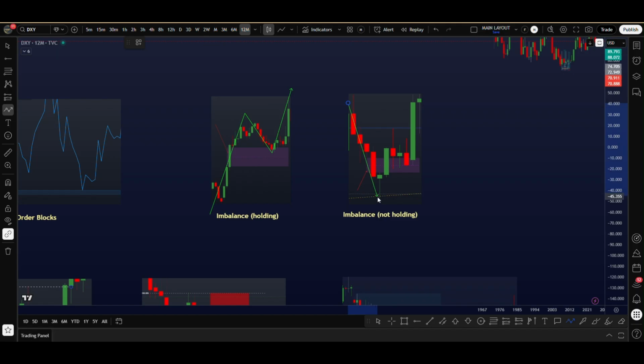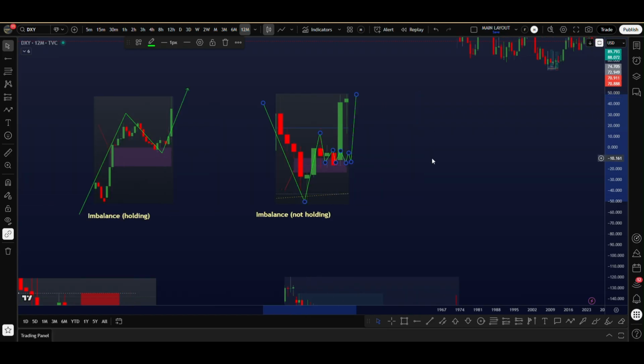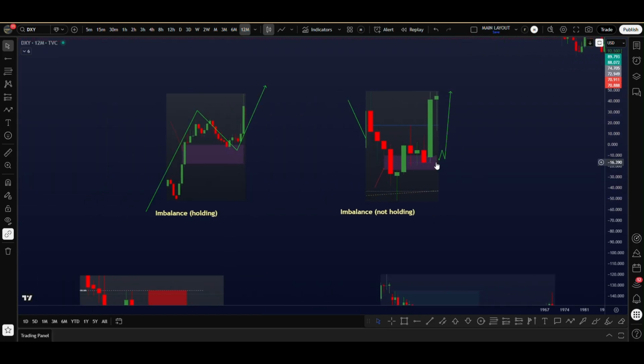So we have a bearish trend leaving a bearish imbalance, and then we can see price break the imbalance, hold above this bearish imbalance and shoot up. So we can say the imbalance in this case is not holding, so we expect price to reverse.